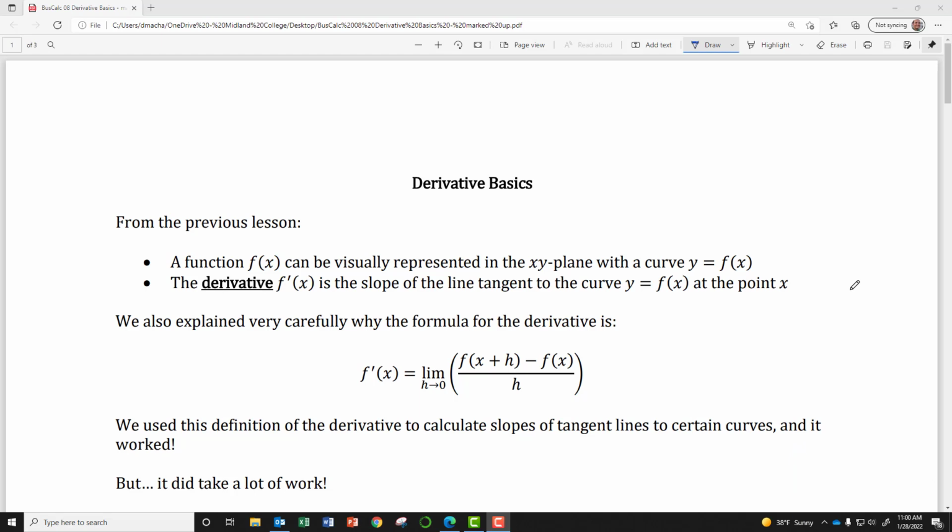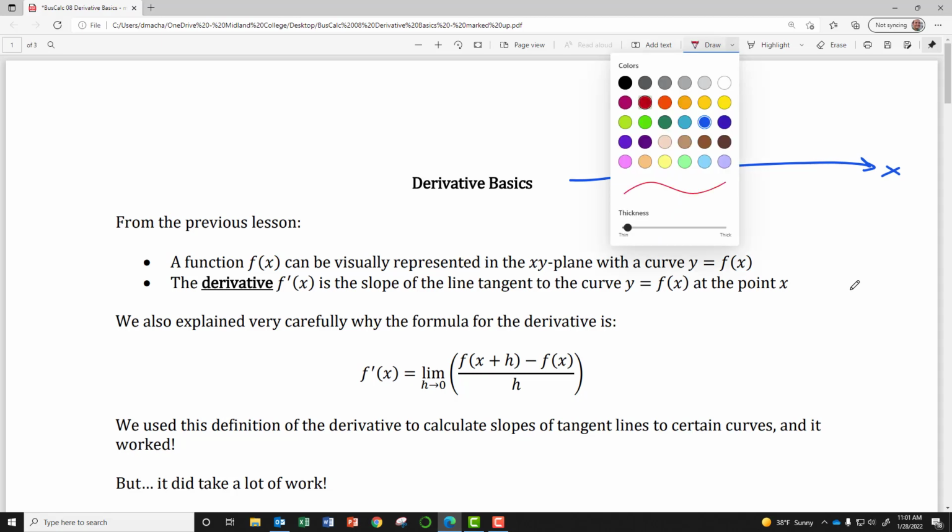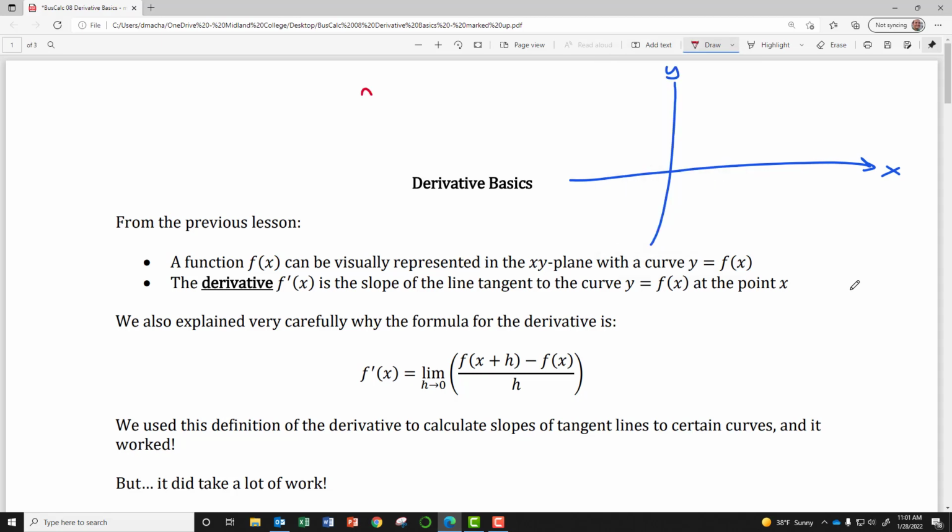So number one, a function, which you might name f of x, can be visually represented in the xy plane with a curve, right? Usually we let our horizontal axis be x and our vertical axis be y. What I'm saying is, if I tell you some function like f of x is equal to x squared, I would represent this function in the plane by saying, well, let's just let y equal x squared.